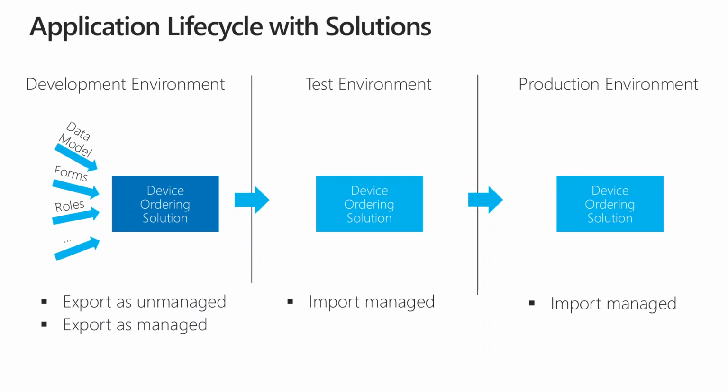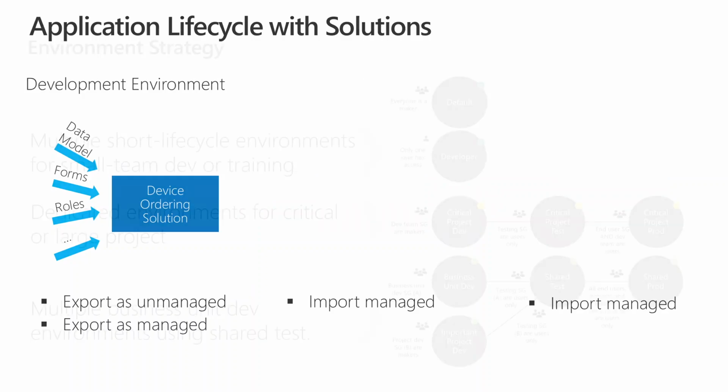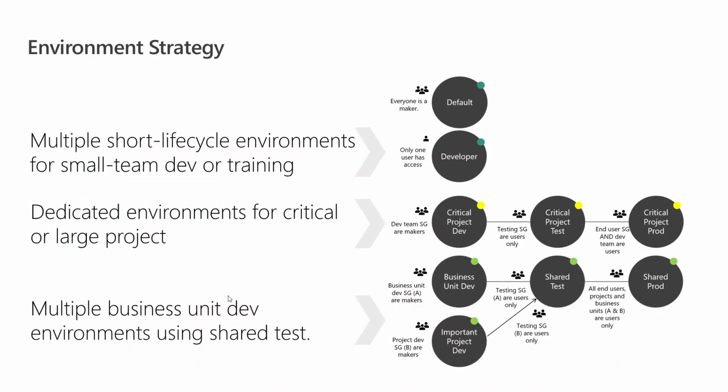So say it's a small solution down here, you might want to just manage that with zip files. This critical application here, you might want to implement some more stringent controls over what's changed, like between different versions, certain release control and change management.